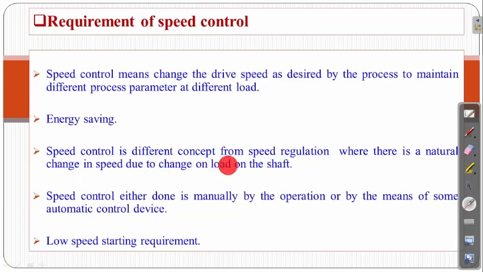Speed control is a different concept from speed regulation. In speed regulation there is a natural change in the speed due to a change of load on the shaft, whereas speed control is done either manually by the operator or by means of some automatic control device. Then there is the low speed starting requirement.